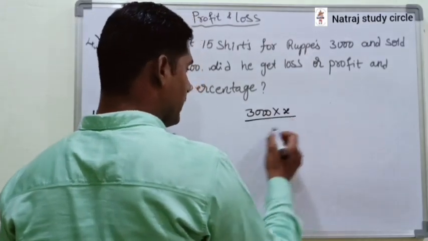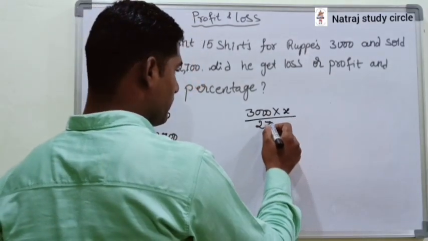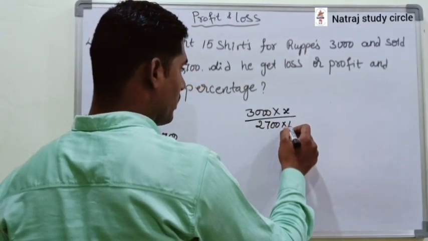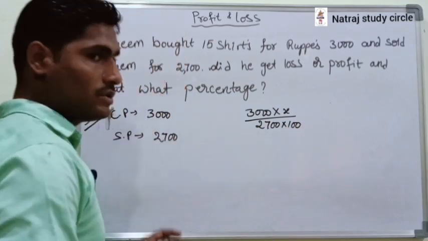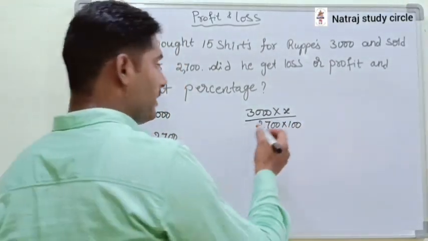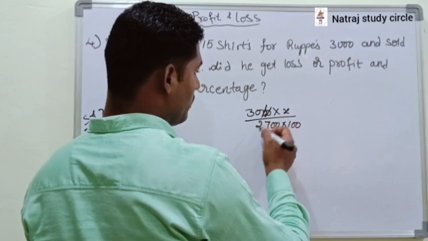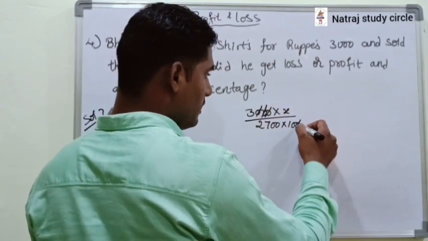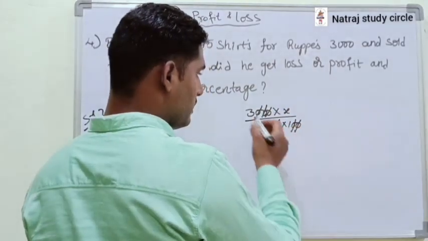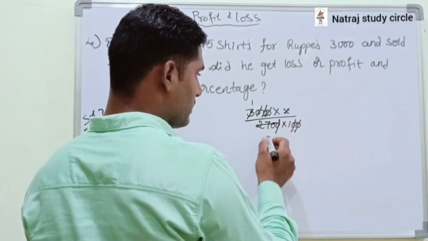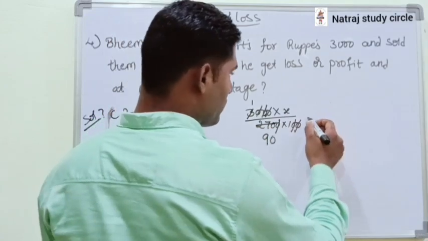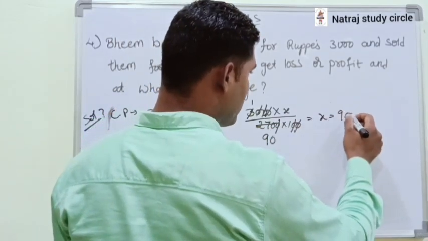into x divided by 2700 into 100. Okay, 2700 into 100. So here 0 0 0, 3 zeros, again 3 zeros, 3 ones are 3, 3 nines are 27, 0. So here x is equal to 90%.